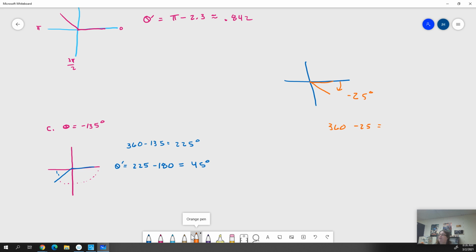I shouldn't do that. I should make it 30 or 40 or something like that so that the math is easy. Let's make it negative 40. We would go 360 minus 40, which is just going to give me 320 degrees in the positive, and then we have that positive side, and we can go ahead and find those reference angles after that.